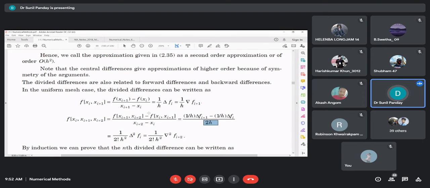Now we come to f of xi comma xi plus 1, which we have already calculated, and this one is 1 upon h delta of f of xi. Now we have only this term left, f of xi plus 1 comma xi plus 2. To calculate it, if I replace i by i plus 1 in this formula, I get 1 upon h delta of f of xi plus 1.